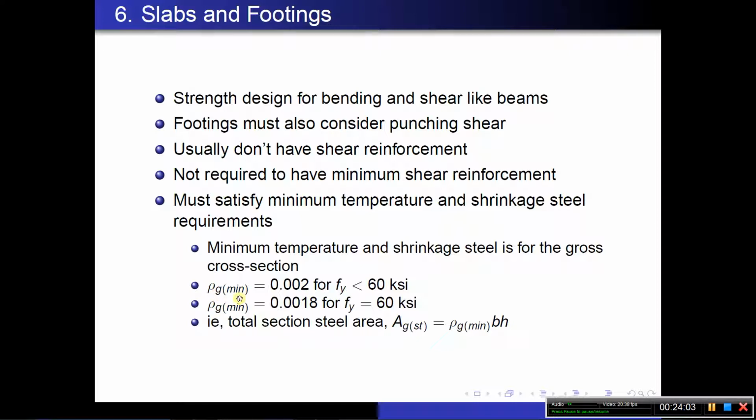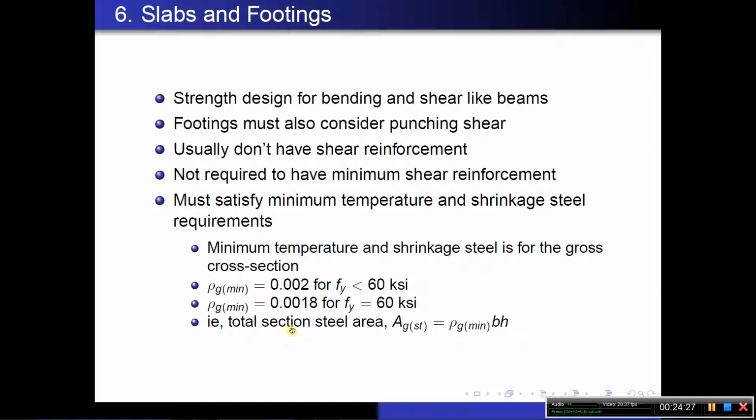Here are the rho g minimum values. We need to have a bigger steel ratio than this if we are using steel that is less than 60 ksi. And our rho g minimum is 0.0018 for steel with a yield strength of 60 ksi.